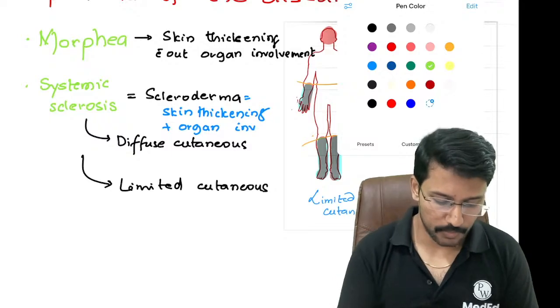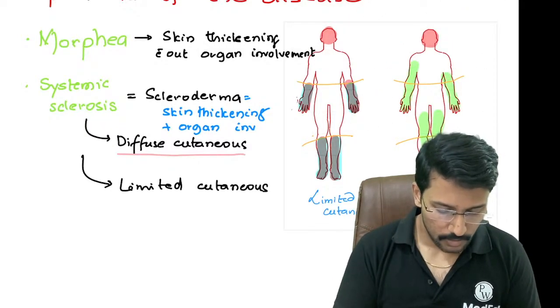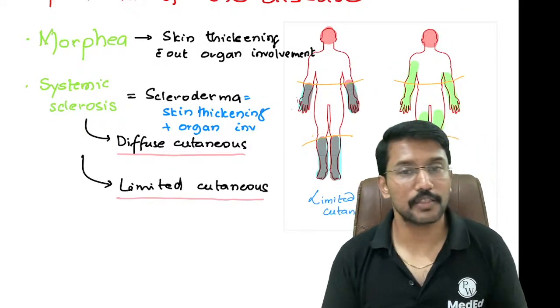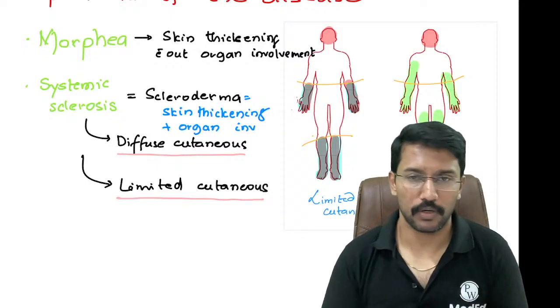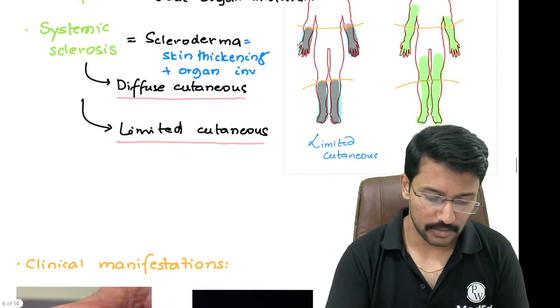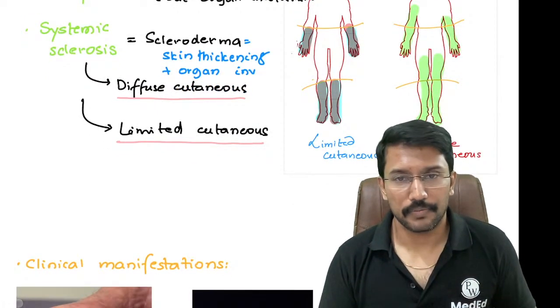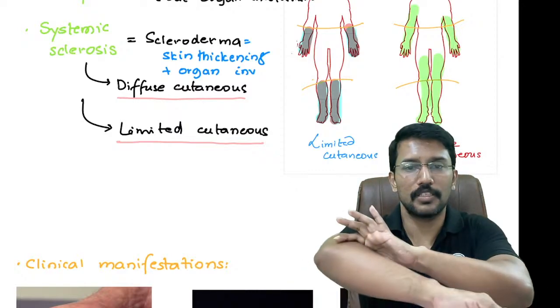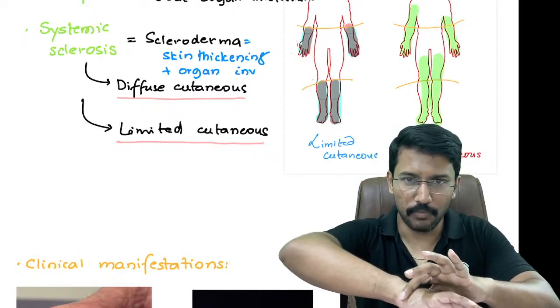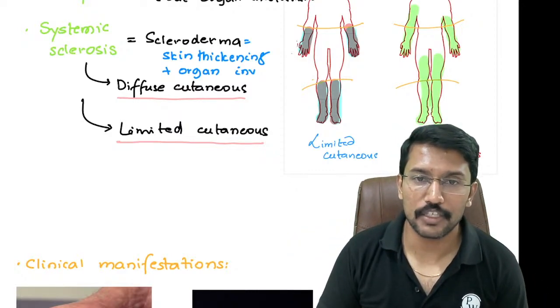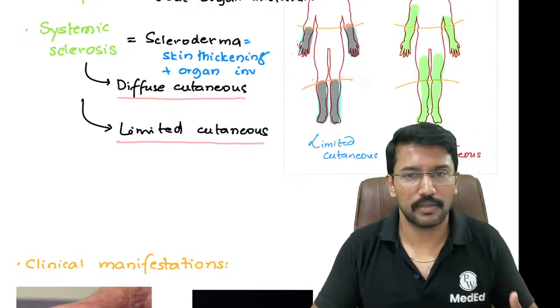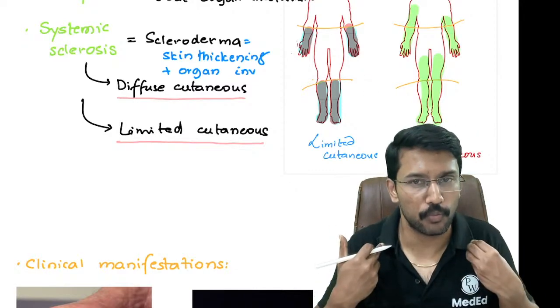So how do we differentiate between these 2? These 2 are differentiated based on the extent of skin involved, right? In limited cutaneous, the involvement of the skin is restricted to portions distal to the elbow in the upper limb and distal to the knee joint in the lower limb. The skin hardening does not progress more proximally.